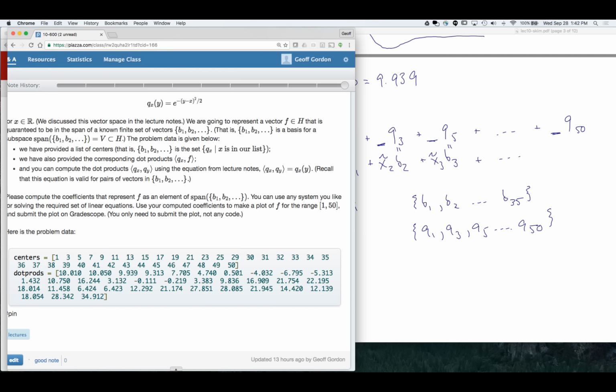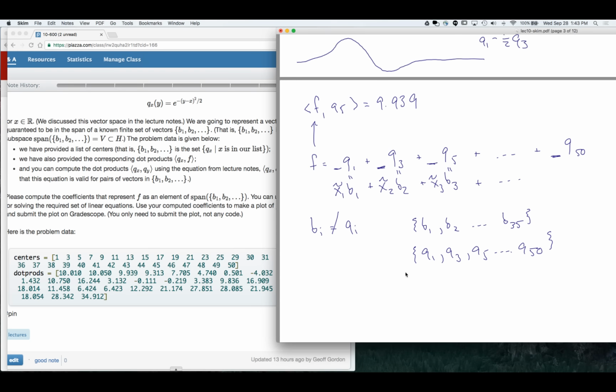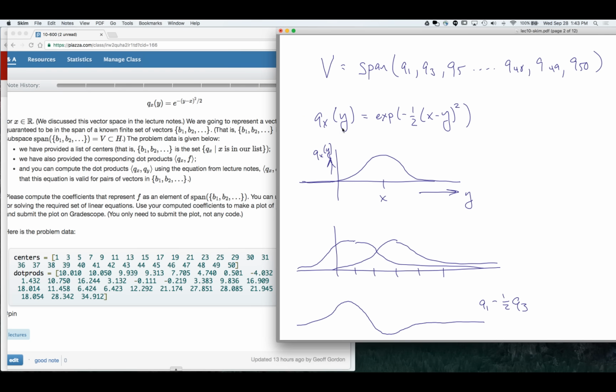And the subscript of q doesn't have to be an integer. It happens to be in this case. But the subscript of q is any real number, because if we go back up here, q sub x is just this function right here, defined by this equation.